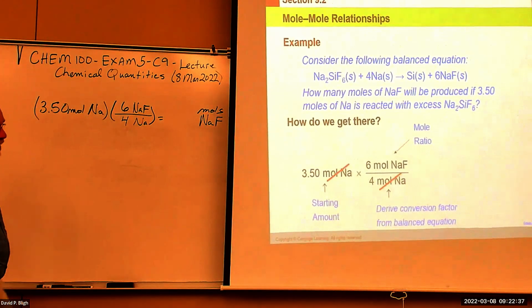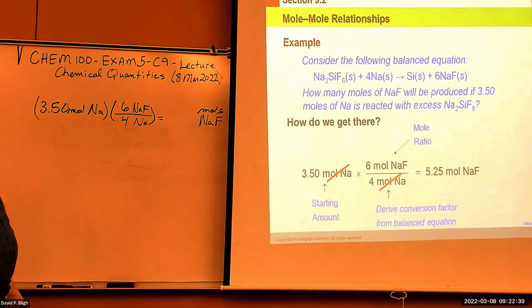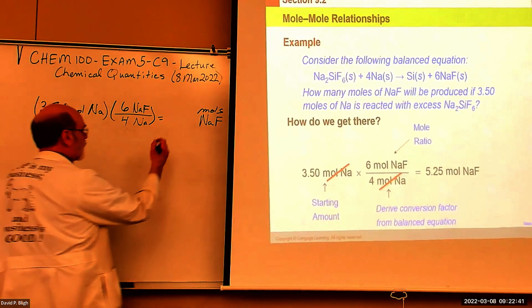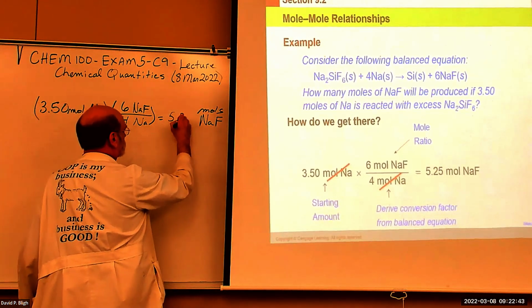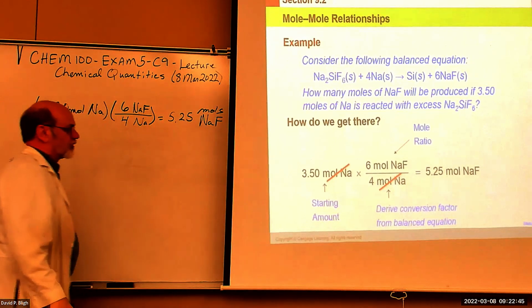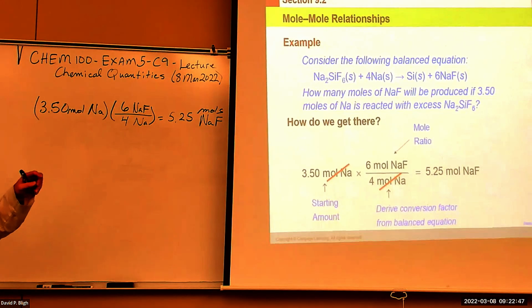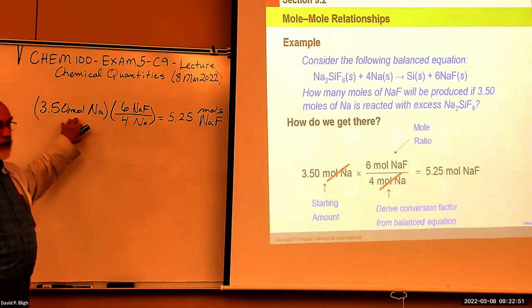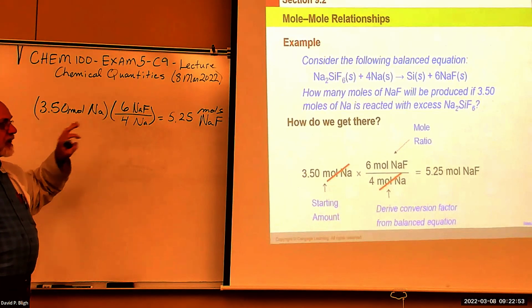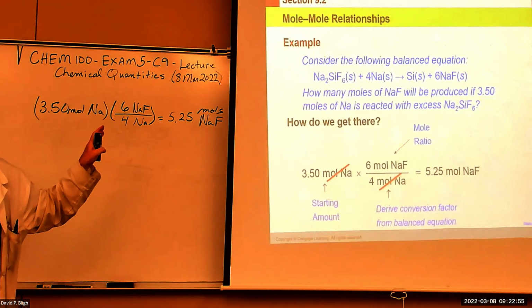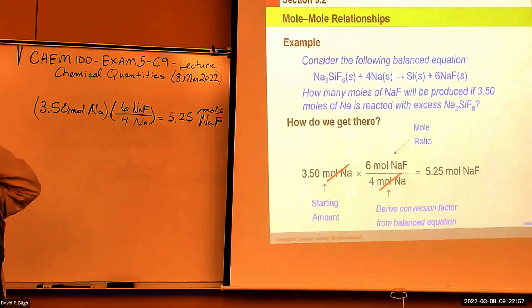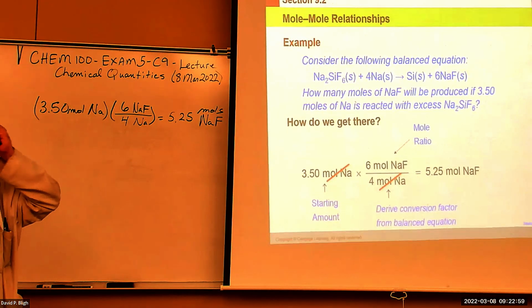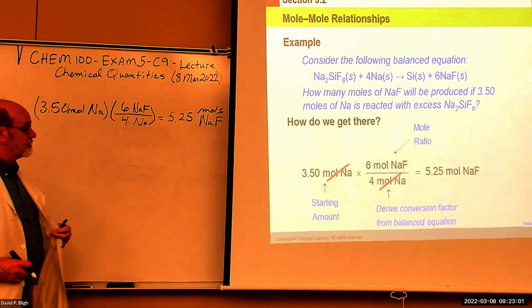So now that we know the conversion factors, we have 5.25 moles of sodium fluoride will be produced if we react 3.5 moles of sodium with plenty of sodium hexafluorosilicate. Okay. Now, we'll say this.